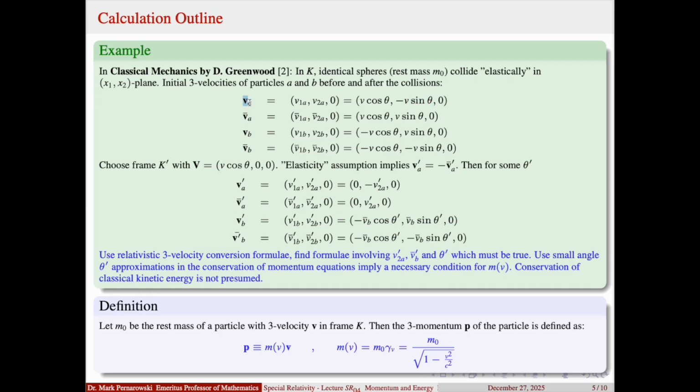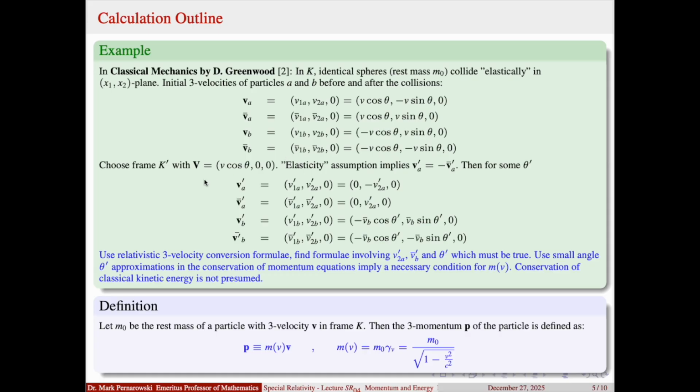So for example, VA is the velocity of particle A before the collision, and after the collision it's V bar A. I can write that down for VB and V bar B as well. It's just a little trigonometry, and you can find out what all these components look like.